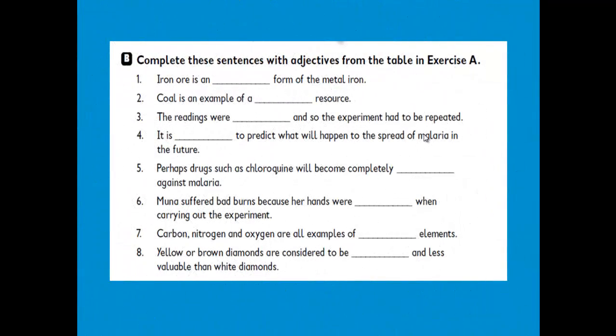Then let's go to practice B. Complete the sentences with adjectives from the table in exercise A. 1. When iron ore is an space form of the metal iron. 2. Coal is an example of a space resource. 3.